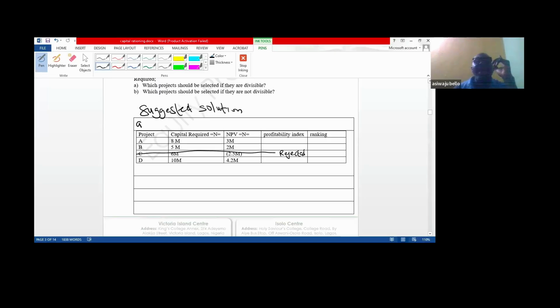That means we are left with 3 projects, A, B, and D. Now, these projects are all viable. Project A, NPV 3 million positive. Project B, 2 million positive. Project D, 4.2 positive. Assuming there is no capital shortage, we should have accepted all these projects.